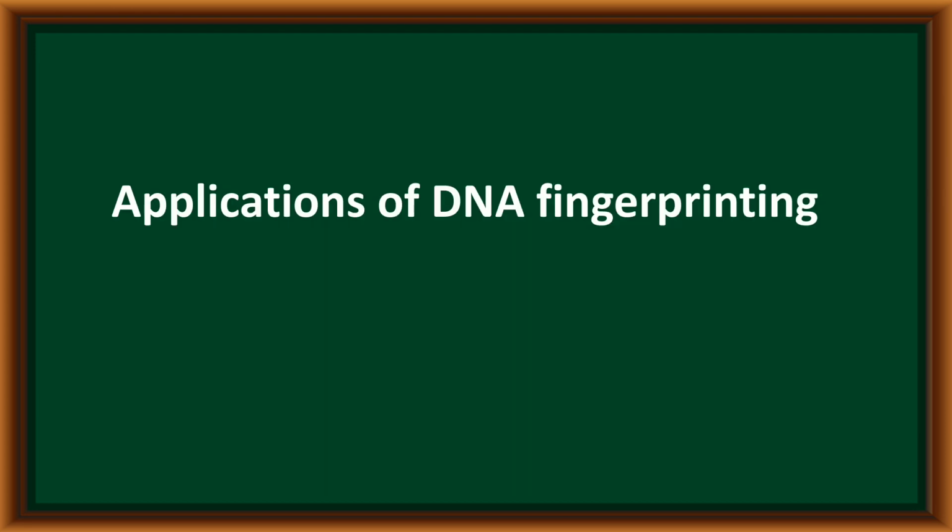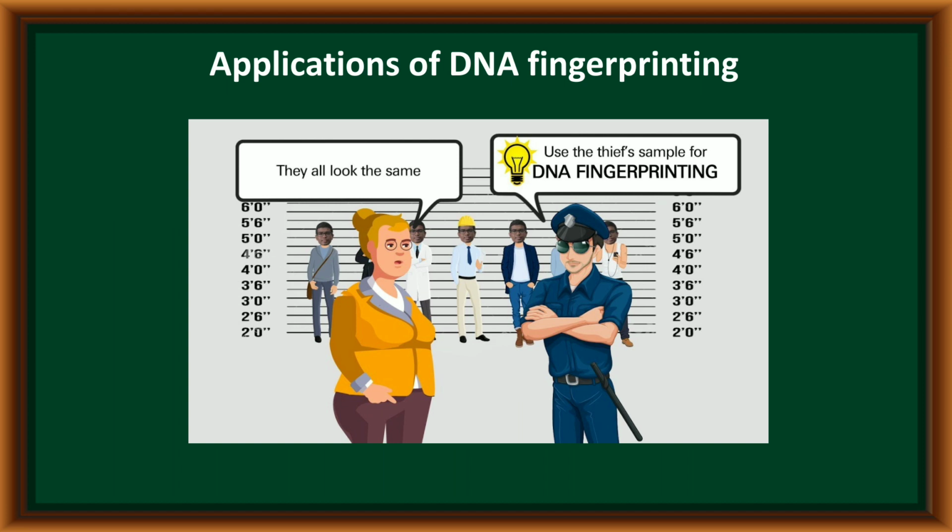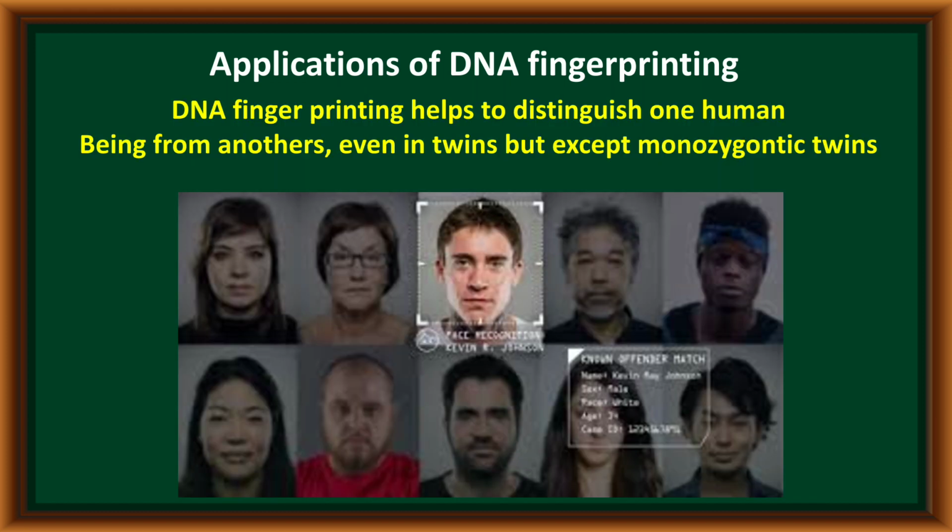Let us discuss some important applications of DNA fingerprinting. In various situations, even when the persons are available, it is not possible to identify them correctly. In such conditions, they can immediately approach the DNA fingerprinting technique.